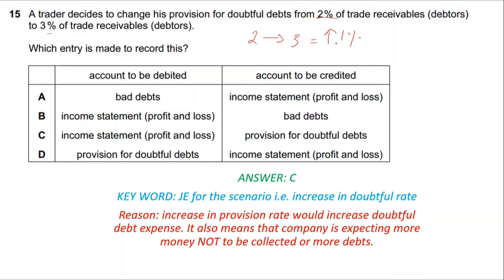In order to record the increase, you debit income statement and you credit the allowance or the provision. This is what you are looking for in your options, and that is option C. Options A, B, and D are immediately wrong because option C matches our description. So option C is the correct answer for multiple choice 15.